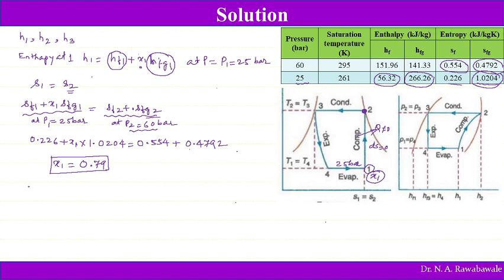So now we can find out enthalpy at point 1. H1 is equal to HF1 plus X1 HFG1. So the HF1 value we know at pressure P1. At pressure P1, HF1 value is 56.32 from the properties table, and the X1 value we have just calculated as 0.79 into HFG1. HFG1 from the table we can take as 266.26.